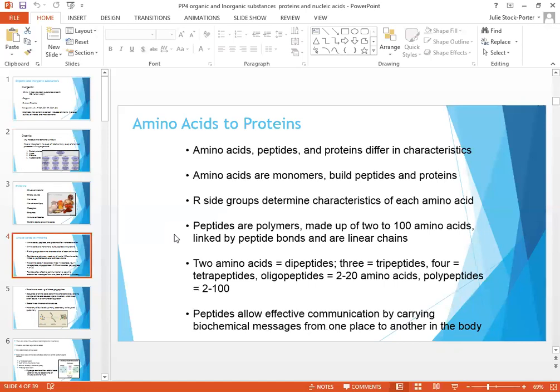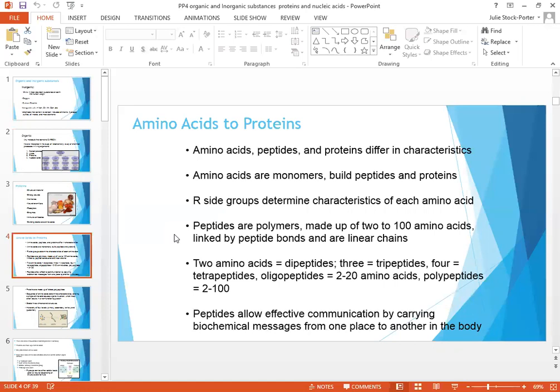2 amino acids are called a dipeptide, di meaning 2, 3 a tripeptide, tri meaning 3, 4 is a tetrapeptide. Oligopeptides are 2 to 20 amino acids. Peptides are 2 to 100 amino acids.